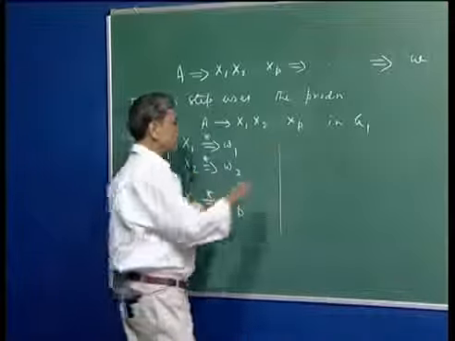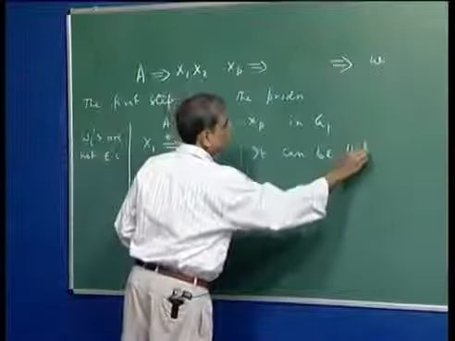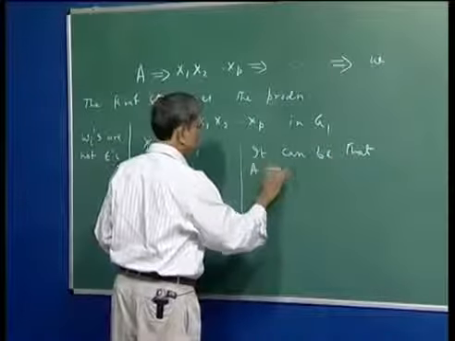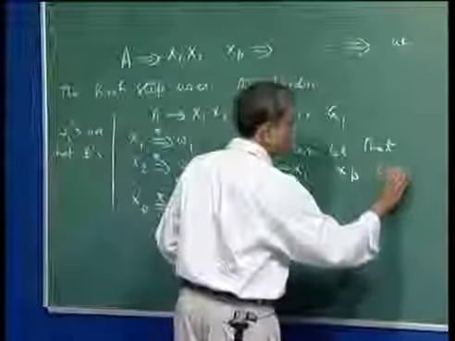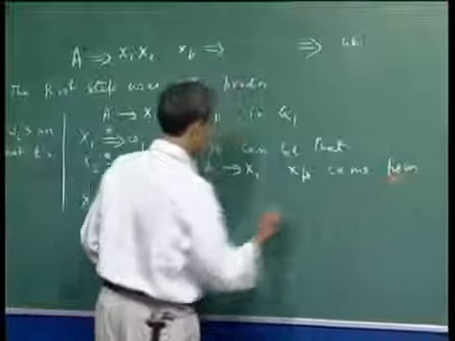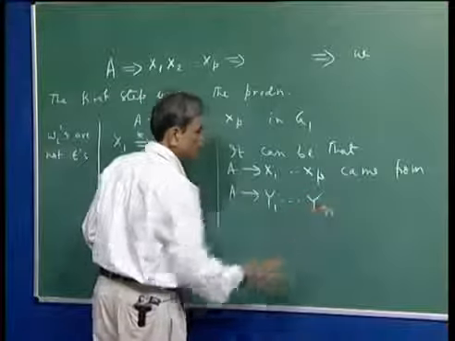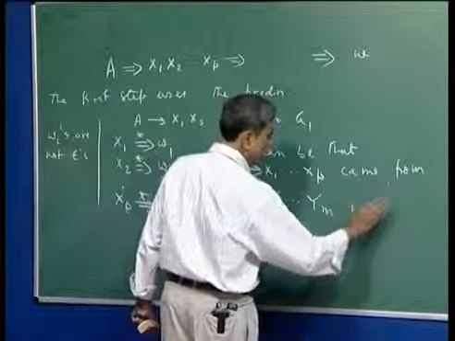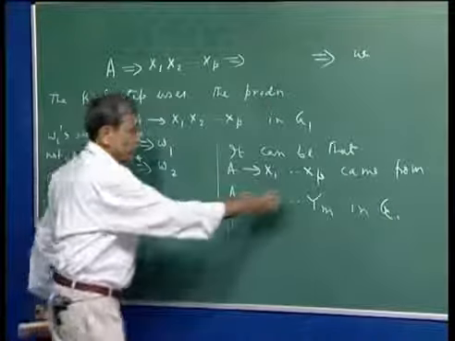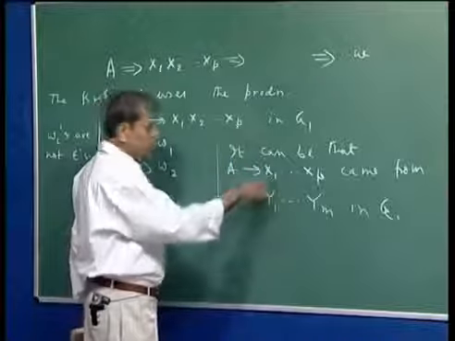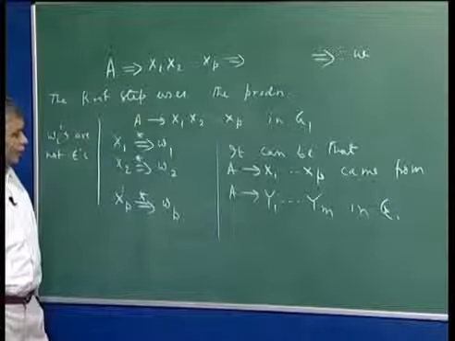So it can be that A goes to x1 through xp came from A goes to y1 through ym in G. Remember, some of these yi's were removed to get this production. So m is larger than p.